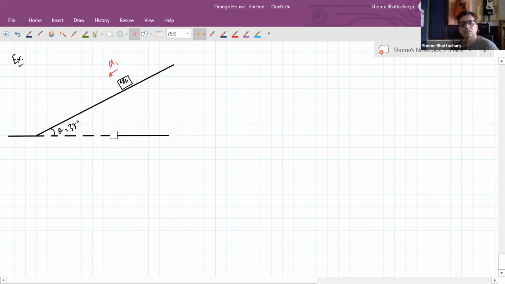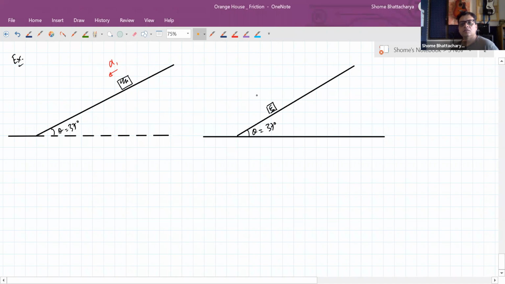Now in the second case, what is happening is that the same block placed on the same inclined plane is initially given a push up the inclined plane. So some external agent has given it a push. Okay.